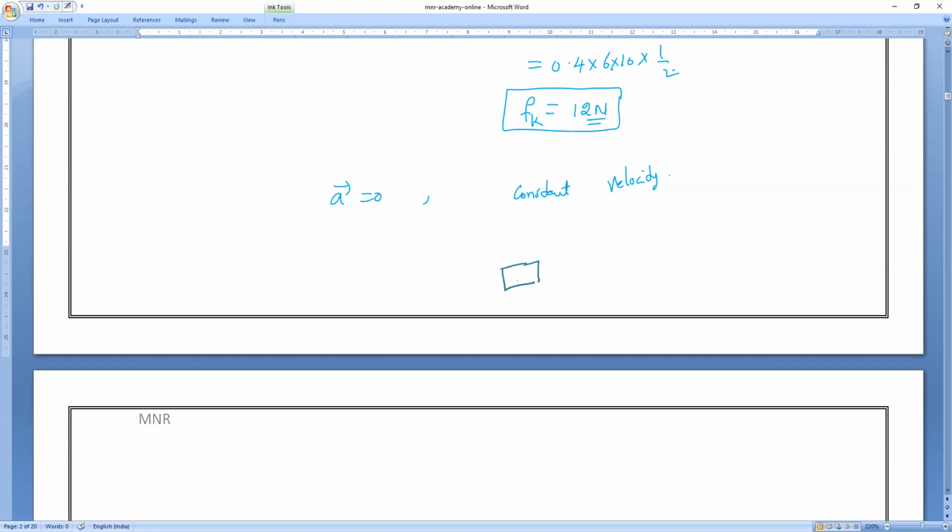Zero. So kinetic friction is 12 newtons. And what is the external force? How much should we apply? It has to be balanced so that the body moves. External force is equal to how much? 12 newtons.